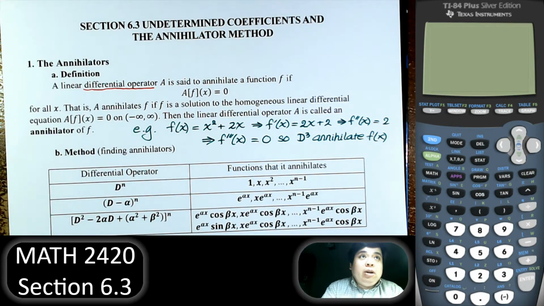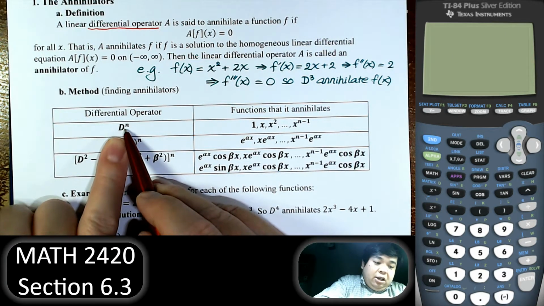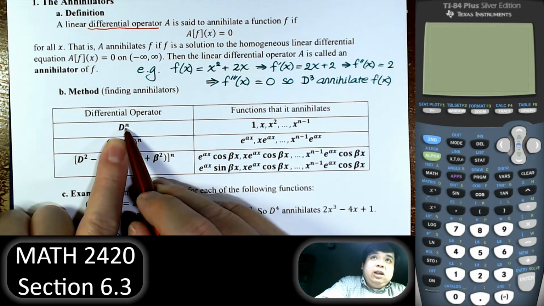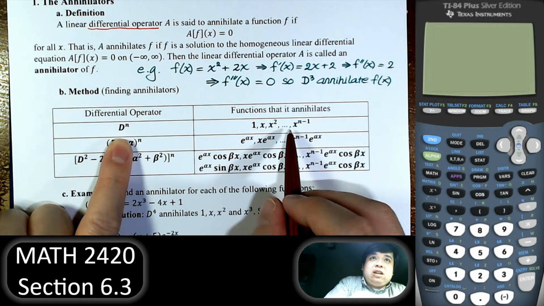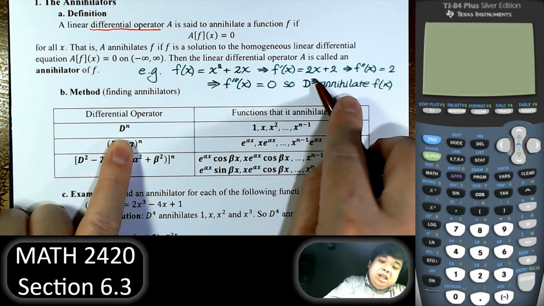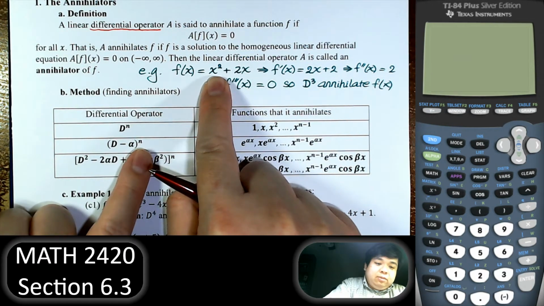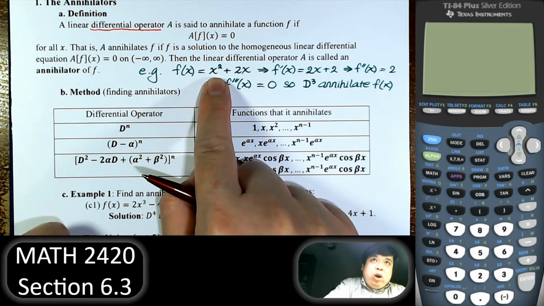Right. So this is the method of finding annihilators. The differential operator d to the n, the nth derivative, will annihilate everything up to the n minus 1 power of x. For example, d cubed annihilates anything up to the second power. That certainly annihilates the 2x, and of course annihilates the x squared also.